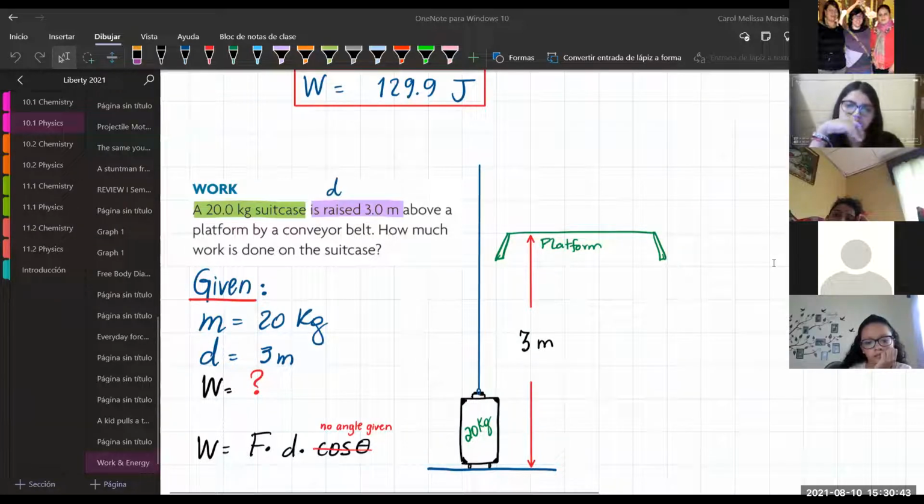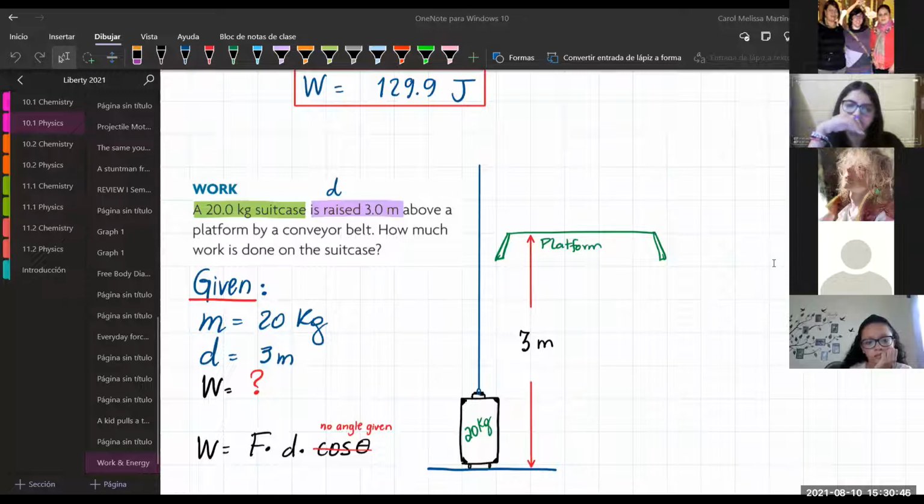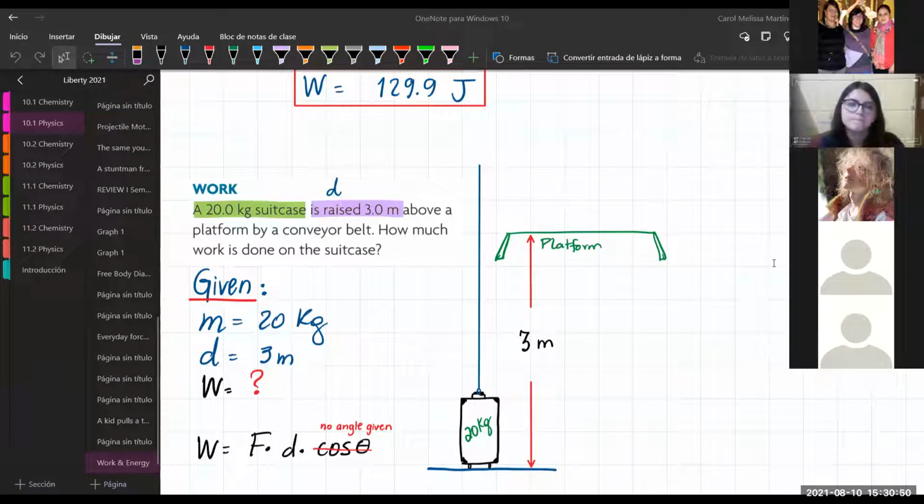So what happens? I mean, what is the force that is acting on the suitcase? First, the gravity. So when you lift an object, what you say is, "Ah, qué pesado." And it is heavy because of gravity.